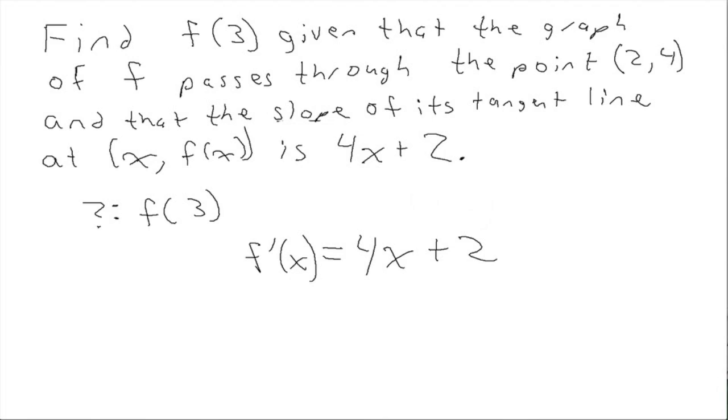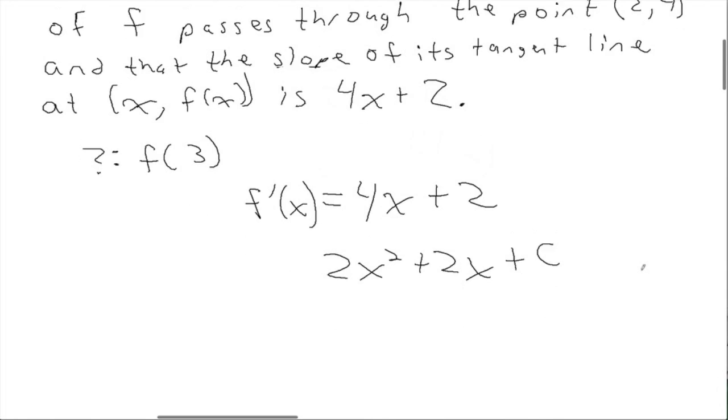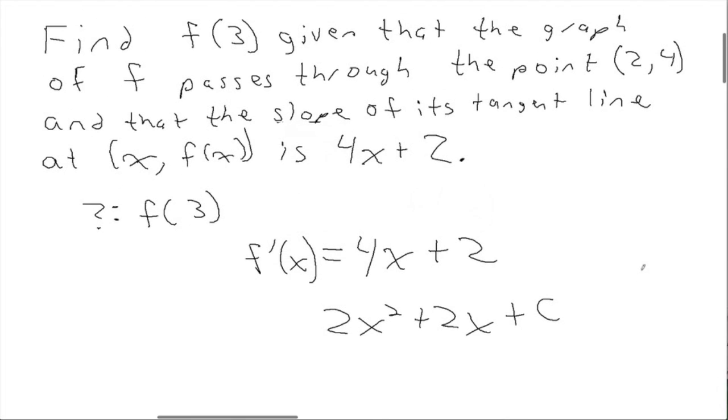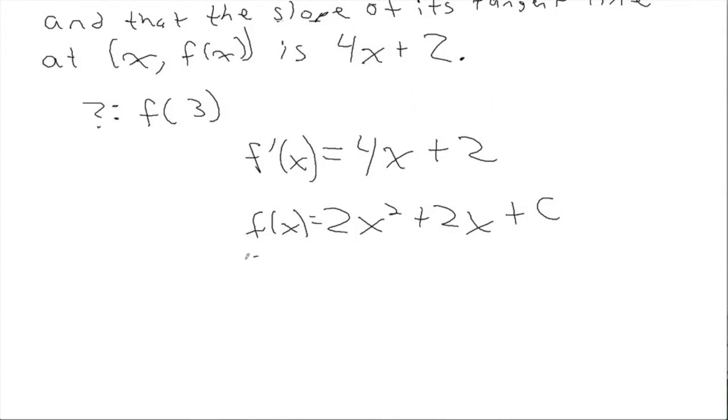Okay. I found the antiderivative to find the function. And that's 2x squared plus 2x plus c. And now I need to find f of 3. So I can plug 3 into the function. So f of 3 equals 18 plus 6 plus c.